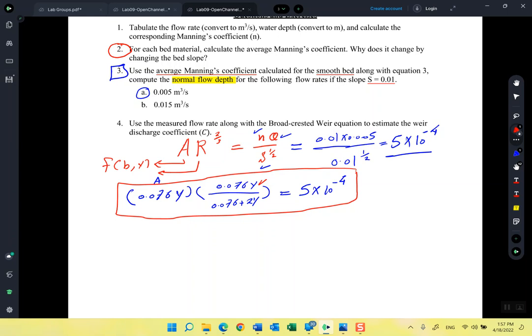You can't say y equals something. Even if you try to do this at home, you won't be able to. Why? Because there is y in every term, and it won't be easy to separate it from the equation. So to solve this equation, you will have to follow a trial and error approach.